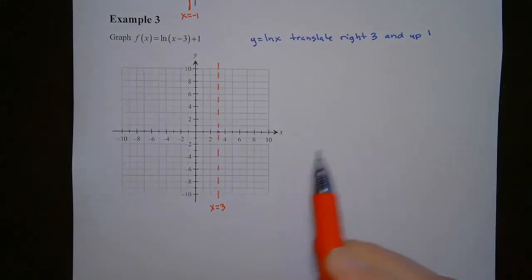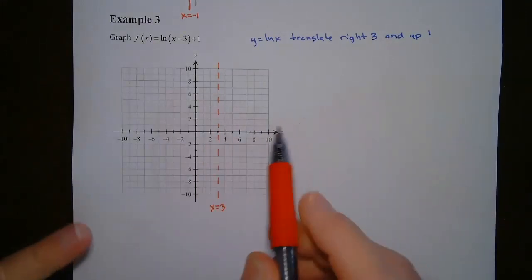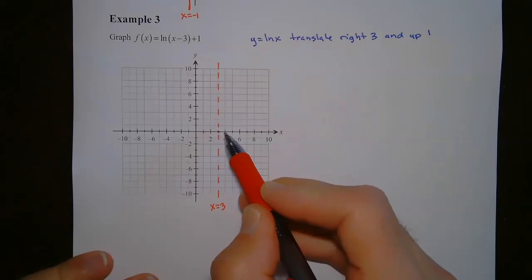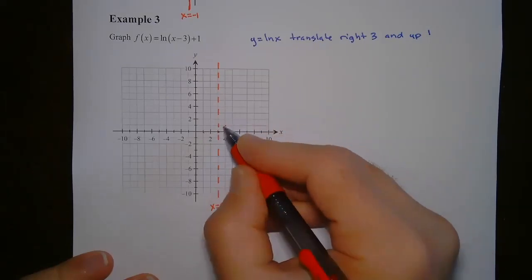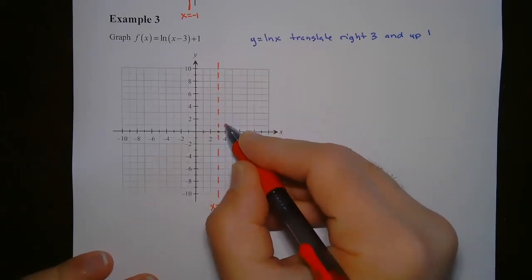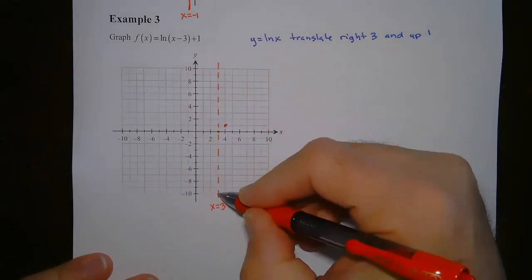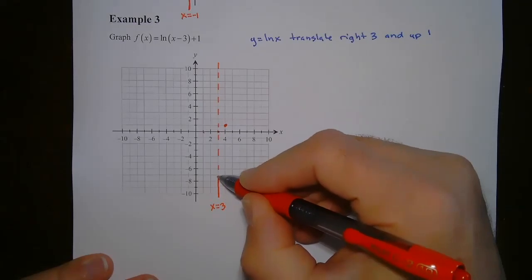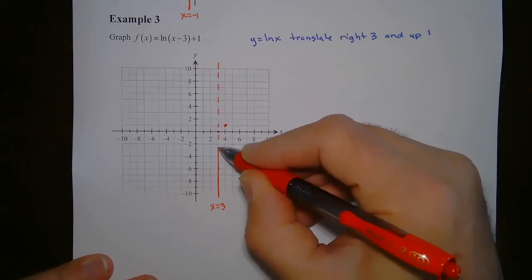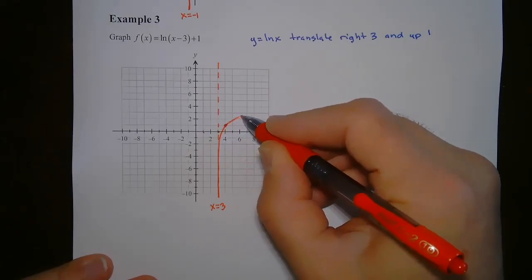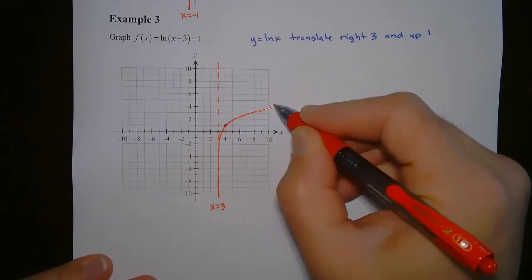Now normally the parent function has a point at 1, 0. That's been moved to the right 3 and up 1. So 1, 2, 3 and up 1. That point is now right here. Once again, we're going to come up along this vertical asymptote. It's so close that we can't tell the difference. And then we're going to turn it and go through this point at 4, 1. And then it goes like this.